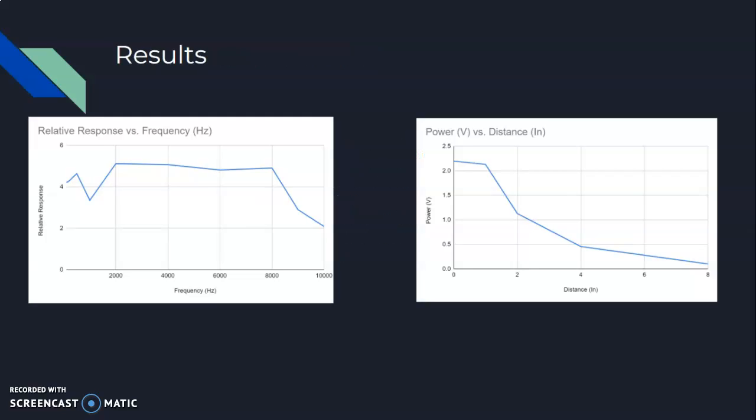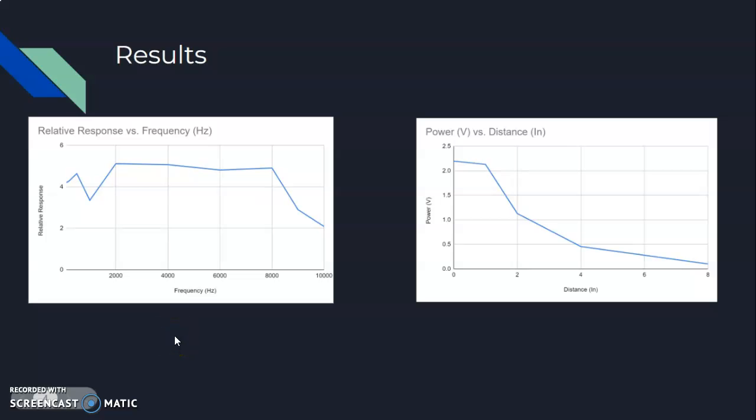So here are some results from the lab. On the left we have the chart of relative response versus frequency. Essentially, I played different sounds at different frequencies, and I got the outputs using both the audio jack and the microphone, and then I plotted that difference on this graph right here.